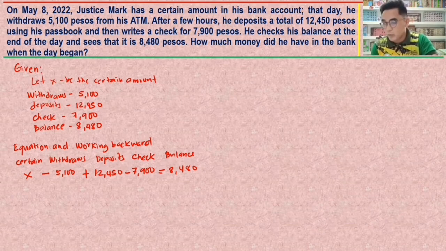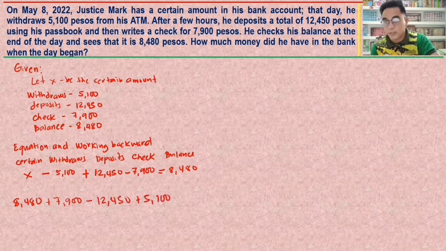And that is, we're going to bring down 8,480, reverse of minus, that is plus 7,900, minus 12,450, plus 5,100 to get the value of X. This time, we're going to solve for X. So, simply, we're going to add 8,480 plus 7,900.